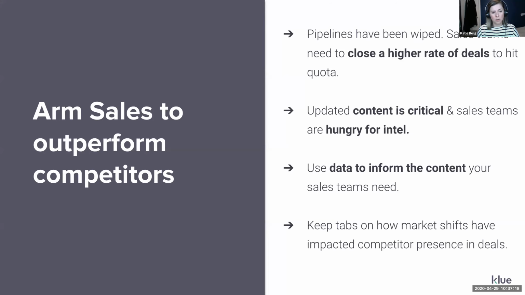So any sort of deal that will close, sales teams are going to want to make sure that their competitive win rates are higher than before, that they can outperform the competitor in every deal possible. So what we're seeing is that sales teams are very hungry for content. They're hungry for updated content, but the way to go about this intelligently is to use data to inform where you're spending your time.